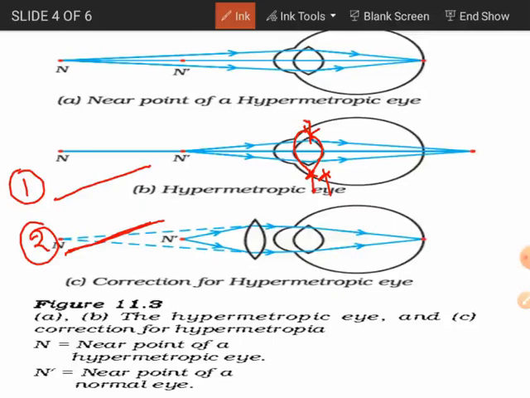And the last one is, instead of elongation, due to the shrinking of the eyeball. That means the eyeball decreases in its size.